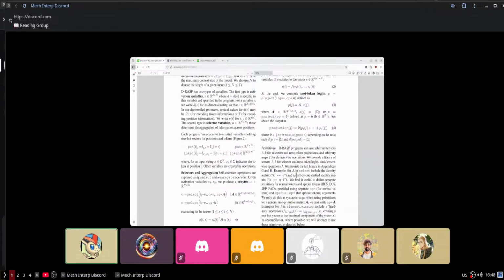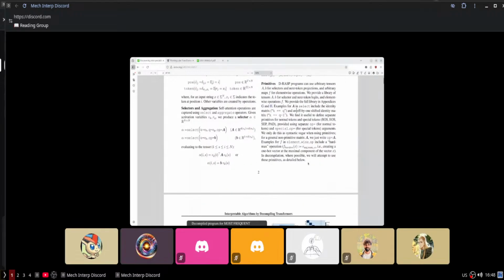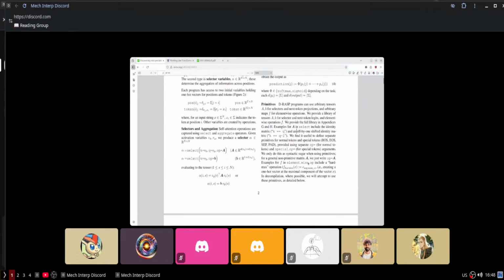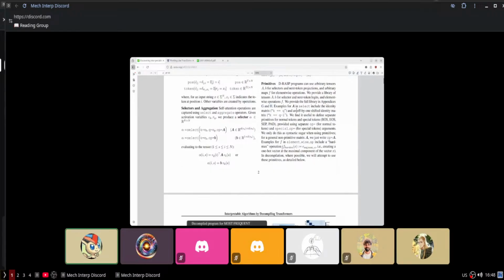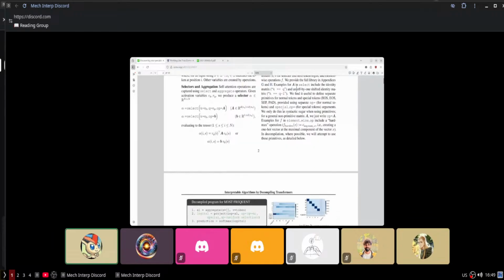But I think the idea is to pick circuits and describe them with these operations, instead of fully taking the model and converting it into this. You could try to decompose the model as a bunch of smaller RASP operations instead of one really big one that's the whole model.